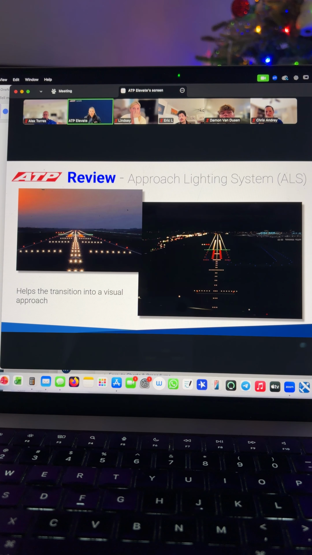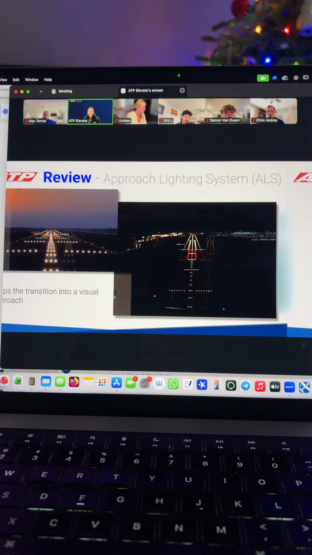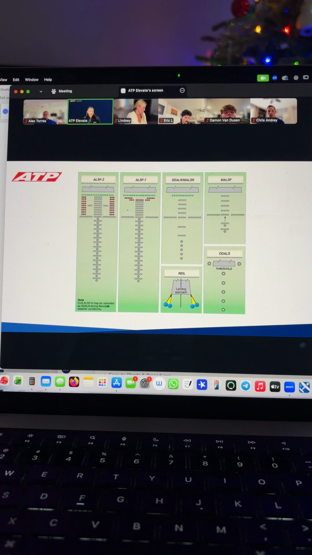So when you guys are talking about 91.175, does anybody know that from memory yet? Definitely is something that you should know. In that regulation, I highly recommend that you guys have that memorized, but it talks about the 2 red side row bars or the red terminating bars in that third part of that regulation, and it is specifically talking about the ALSF-1 and the ALSF-2.